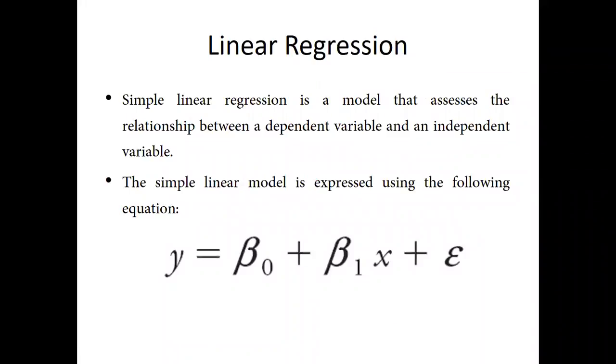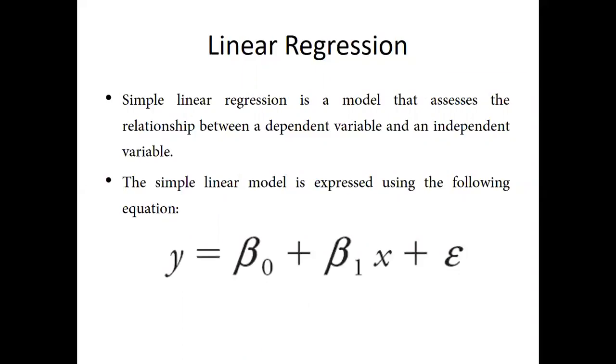Next we have different types of regression, that is linear regression, non-linear regression, logistic regression, like that we have different types. Among them, the simplest one is the simple linear regression. What is this simple linear regression?